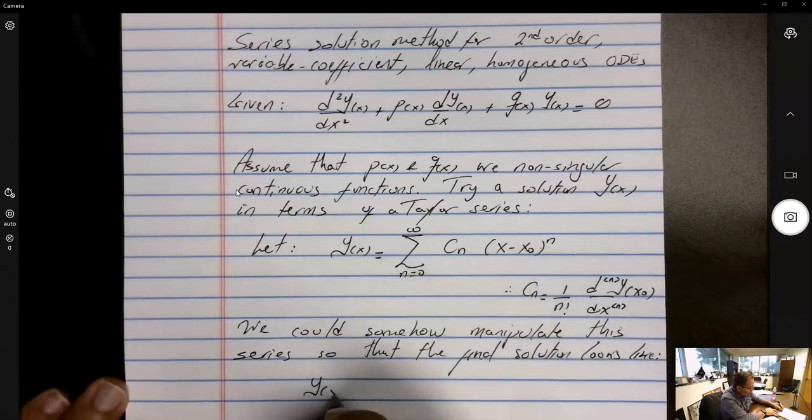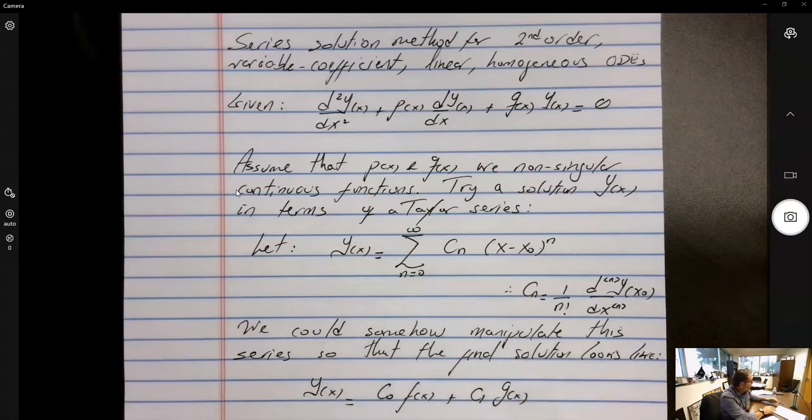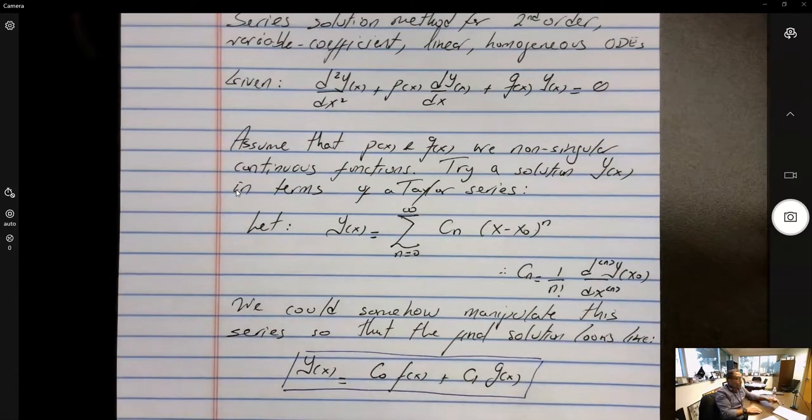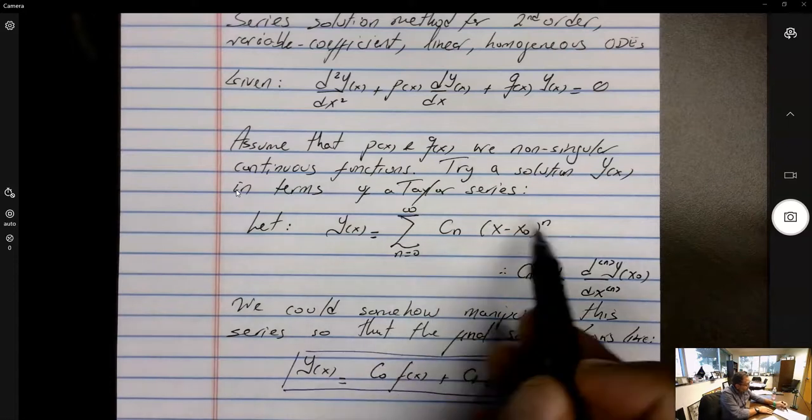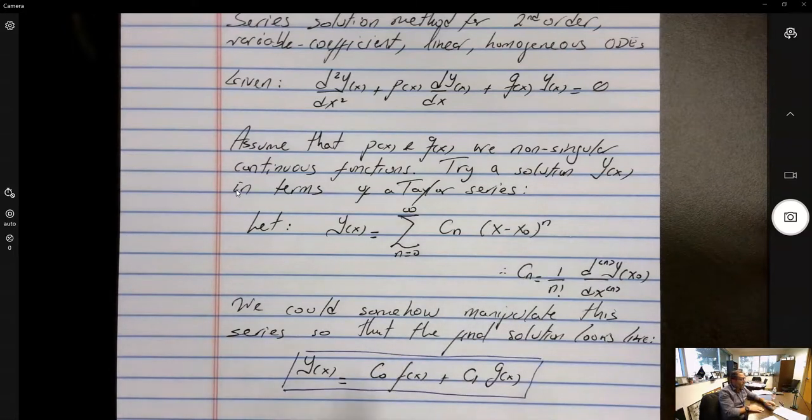So y of x is equal to some c0 times f of x plus some c1 times g of x, which we said originally is the only thing that we could say about the solution. Whatever the solution process is, it is going to lead to a solution of this form because there are two implicit constants of integration because this is a second order equation, right? So somehow we're going to take this form that we're going to figure out and rewrite it so that it looks like this.